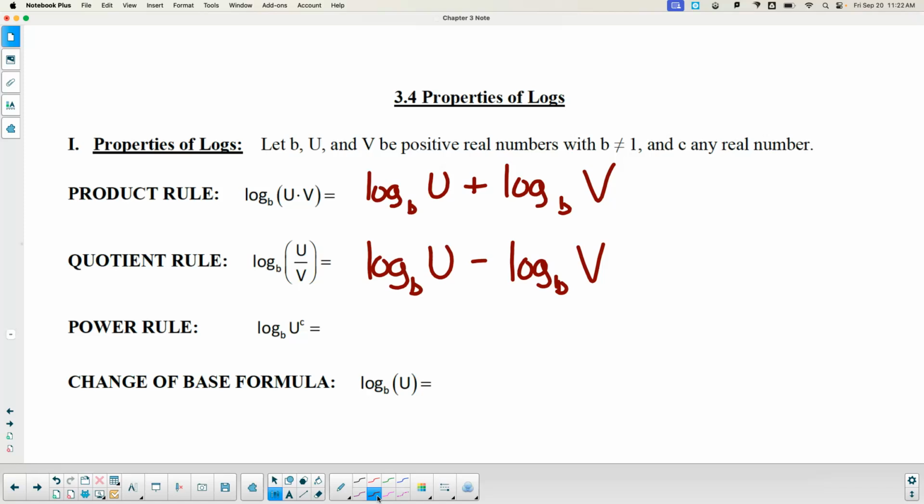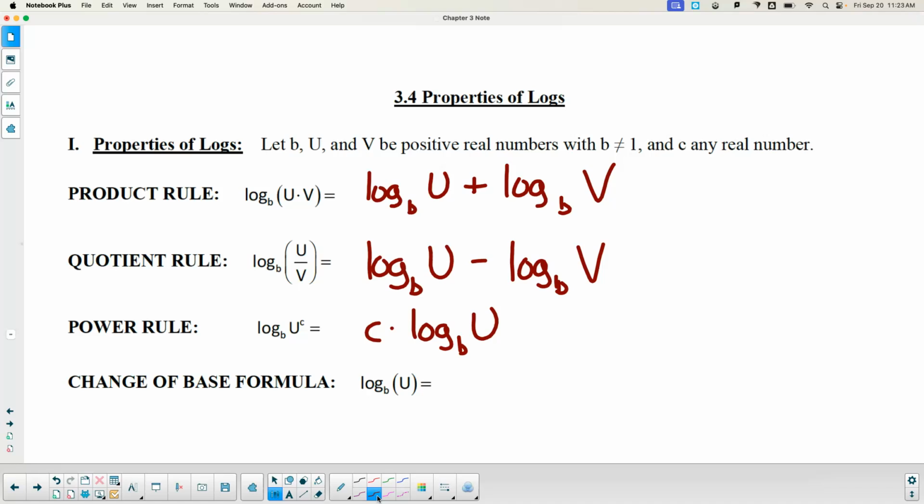Power rule is phenomenal. The power rule says that if you have an exponent on your argument in the log, that we can take that power and we can put it out in front. We can just multiply the log by that power. It's an offshoot of the product rule. Okay?